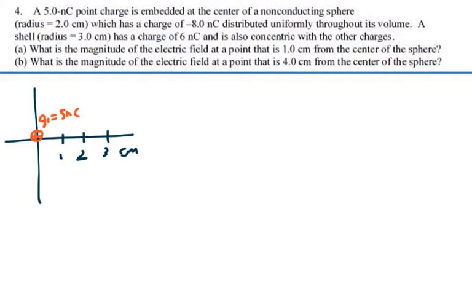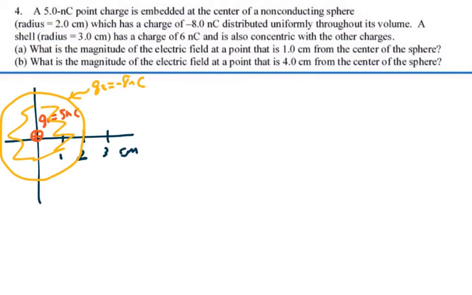And then we have another charge distributed uniformly throughout the volume of a 2 centimeter radius. And that charge, let's call it Q2, is minus 8 nanocoulombs. So we have all this negative charge distributed uniformly throughout that volume.